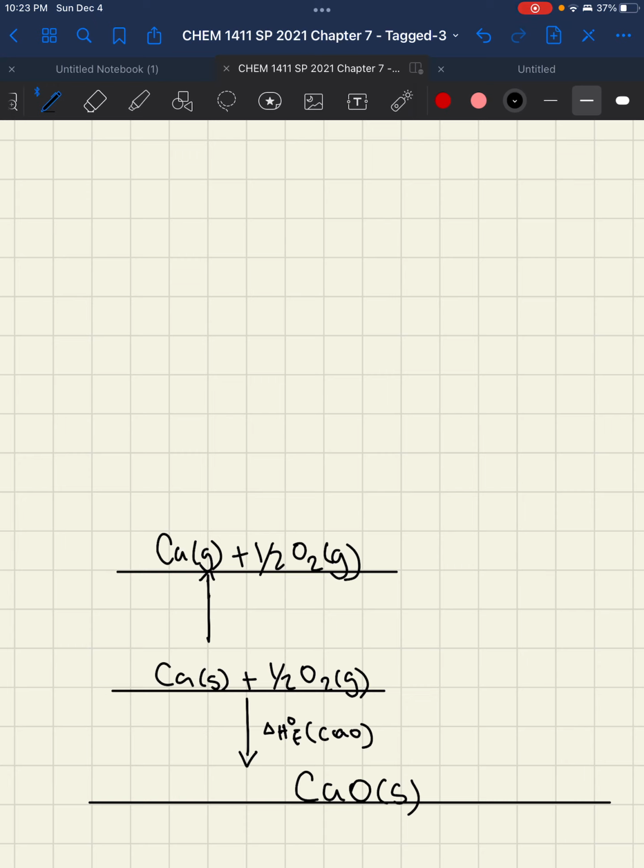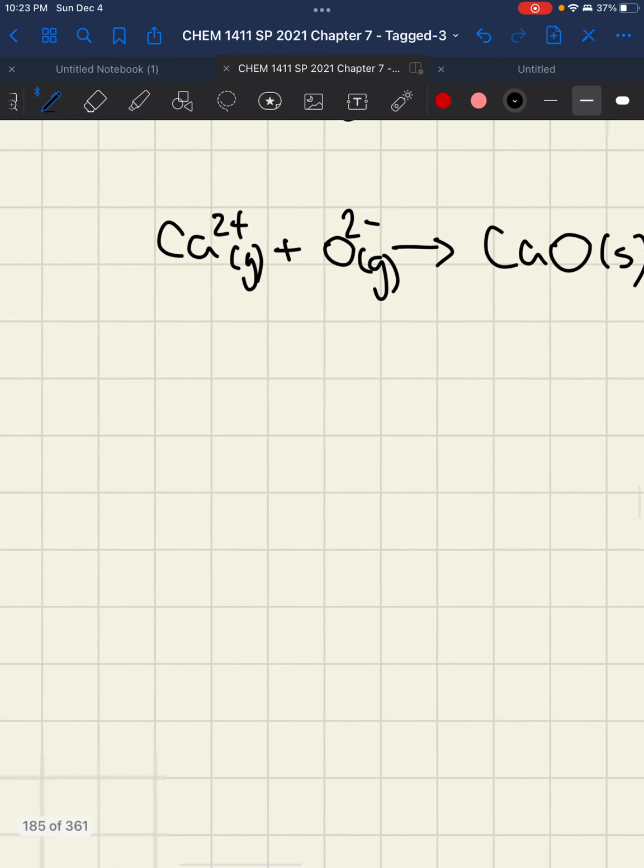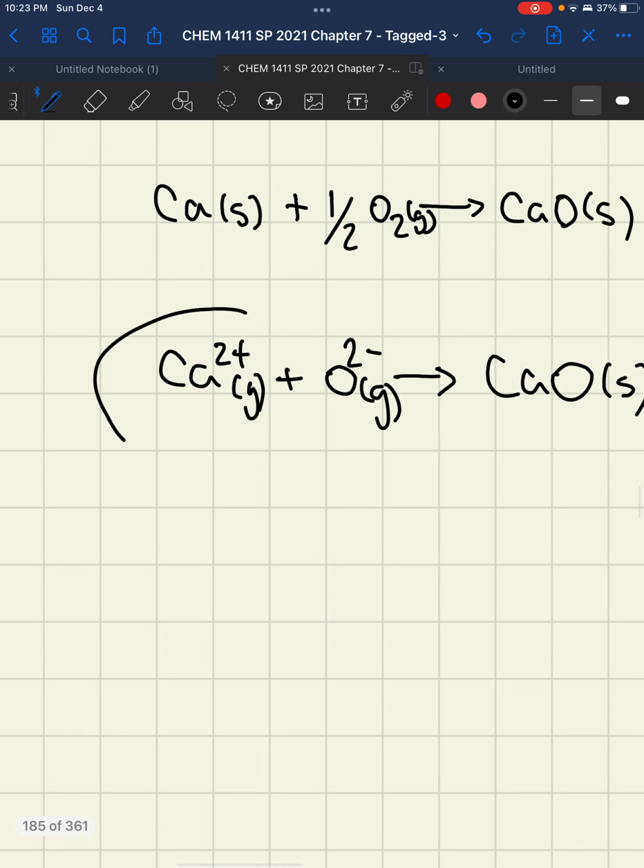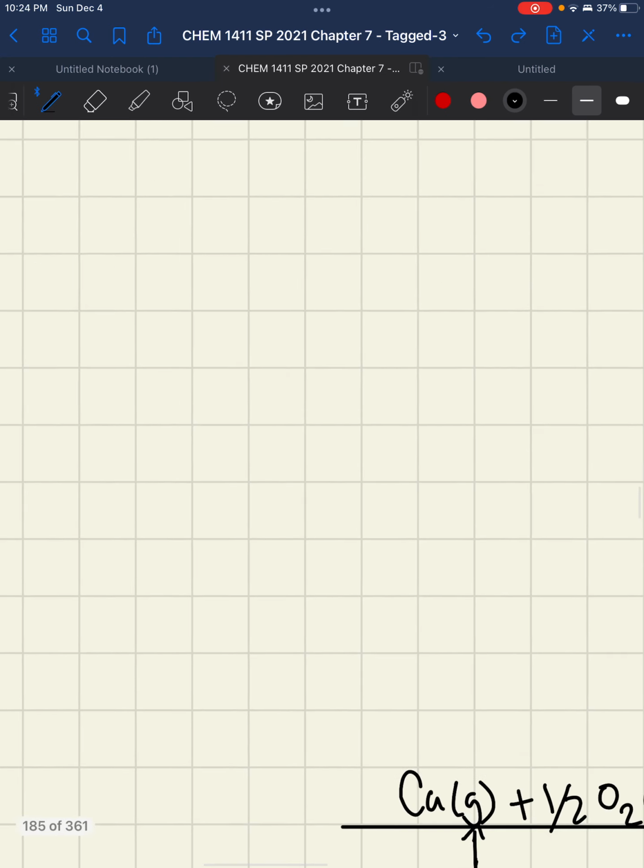So now the next step is going to be, it's already in the gas state, so let's get it to the 2+ charge. How do we do that?